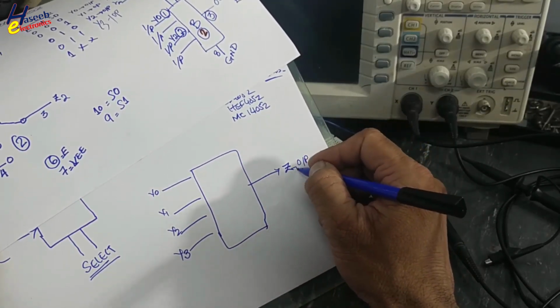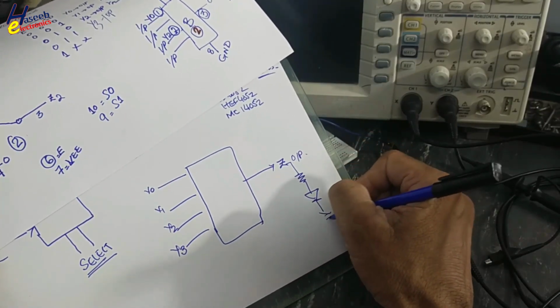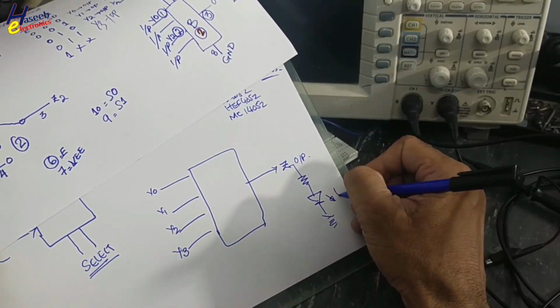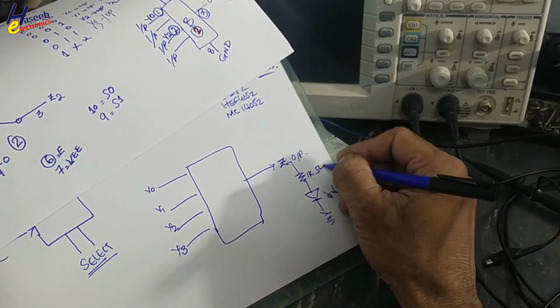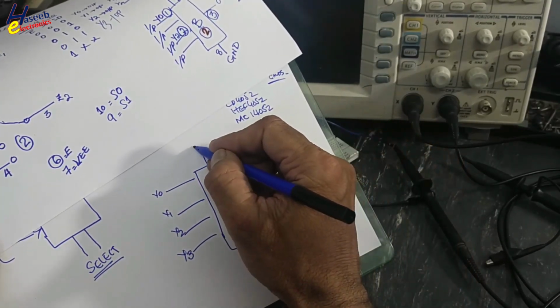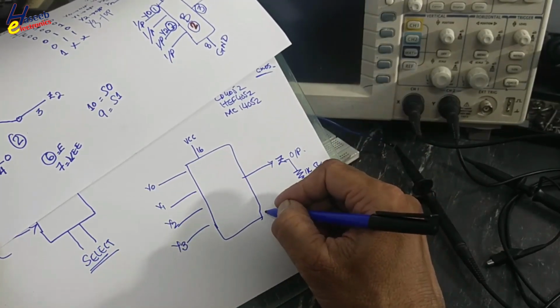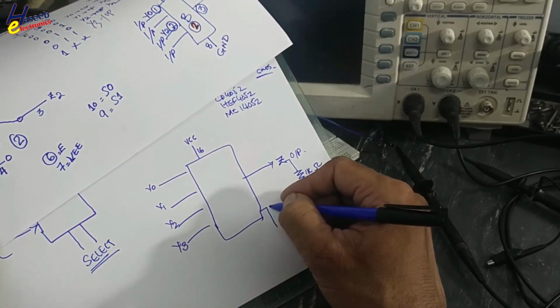I connected a 1K resistor with one LED and it is grounded. I connected pin number 16 to VCC 5 volt.